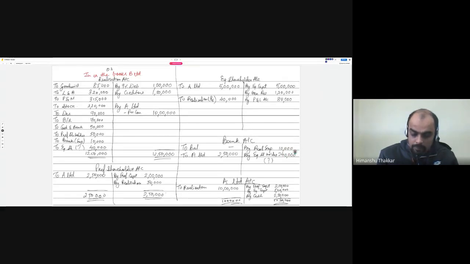Close bank account, 2,50,000. Done. Give the money to equity shareholders to bank account, 2,40,000. That's it. Total will be 7,80,000.